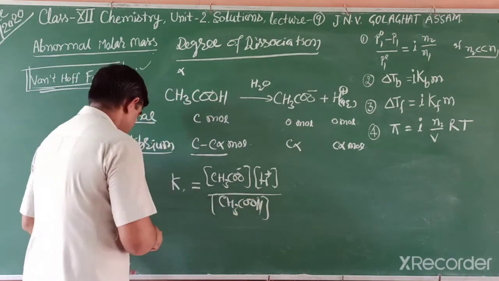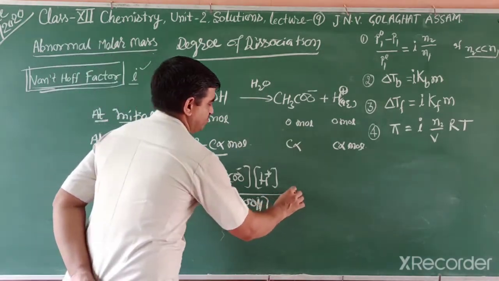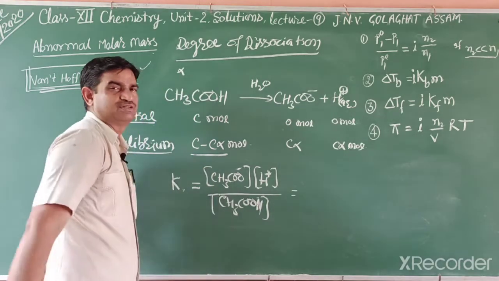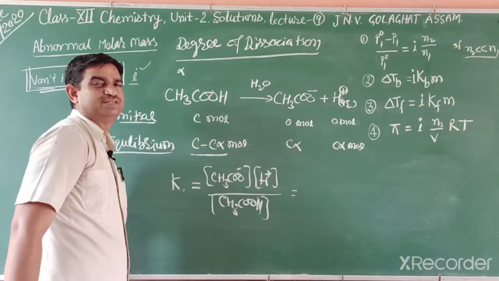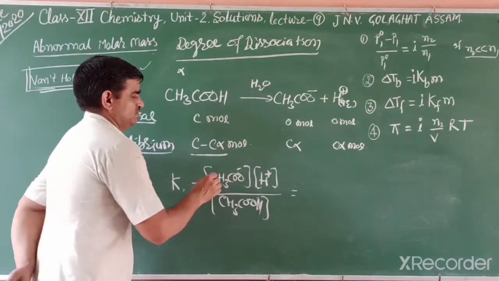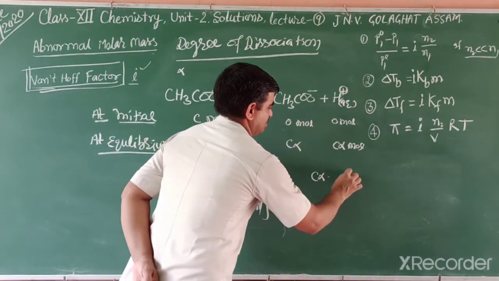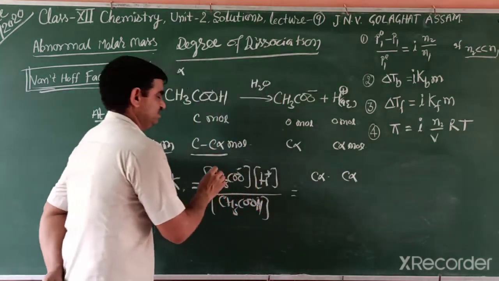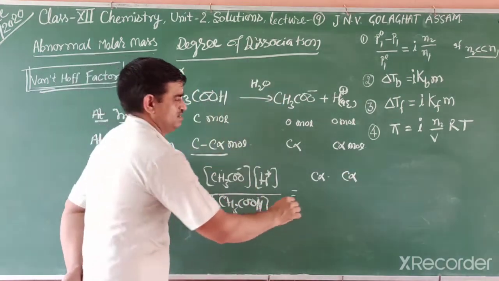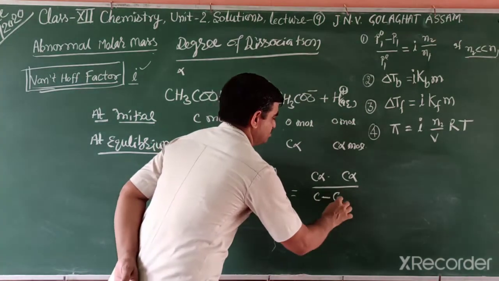When we put these values in this equation, as you studied in the equilibrium chapter, we get C alpha times C alpha, the acetate ion and hydronium ion, divided by C minus C alpha.